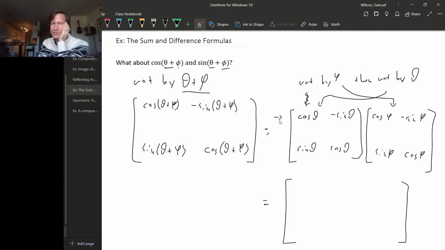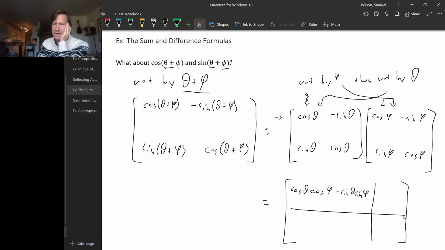So when we do first row times first column, we get cosine theta times cosine phi minus sine theta sine phi.